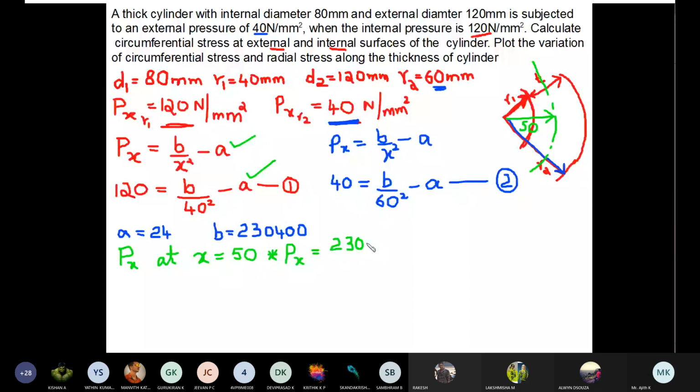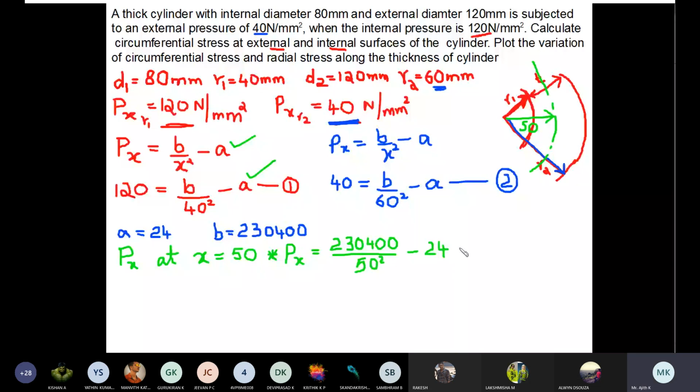So b divided by x square, where x at mid surface, at mean radius, is 50, minus the value of a, which is 24. So you will get the value of px at mid.